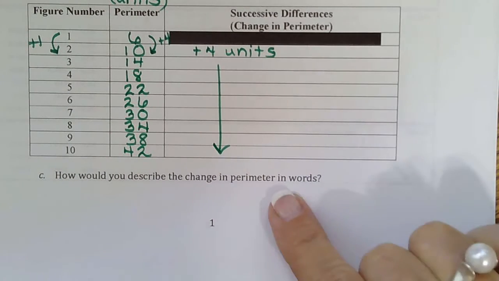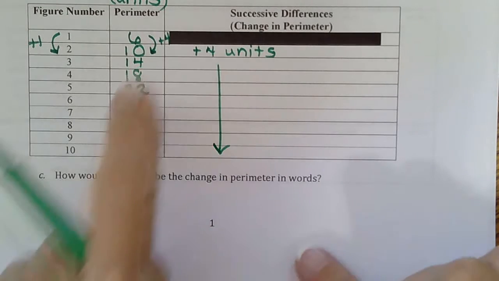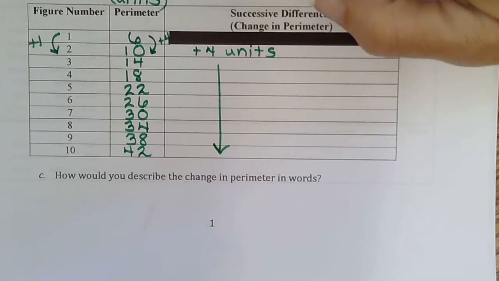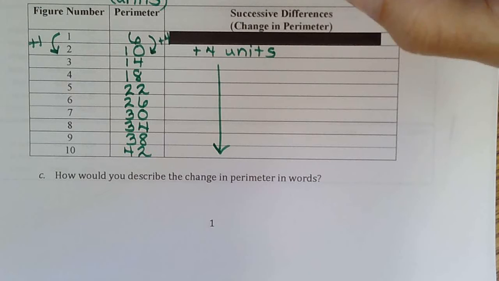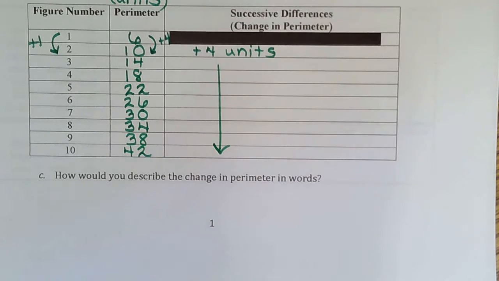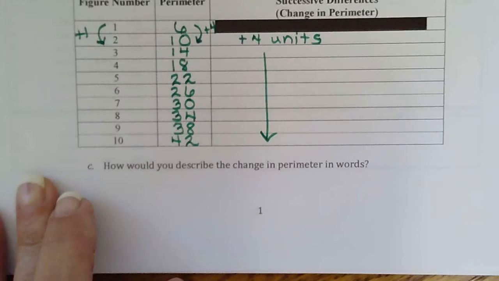So how would you describe the change in perimeter? So we want to do it like a slope problem because change in perimeter is slope. So for each figure added in the sequence, the perimeter increases. Well, here, we'll do it down here. We can use this table.